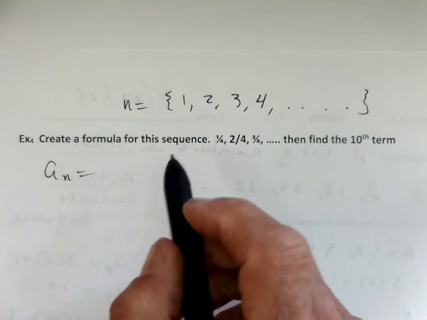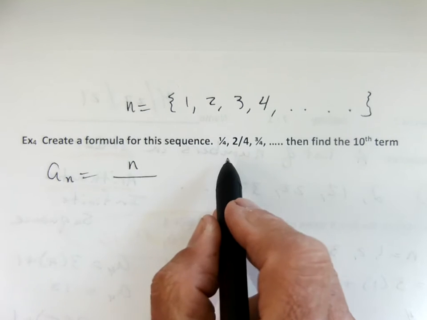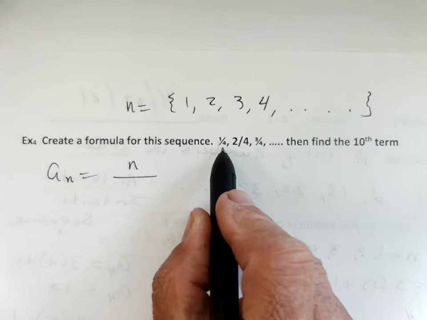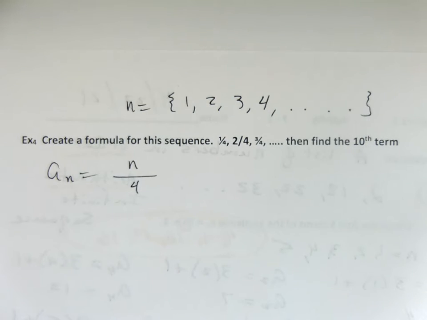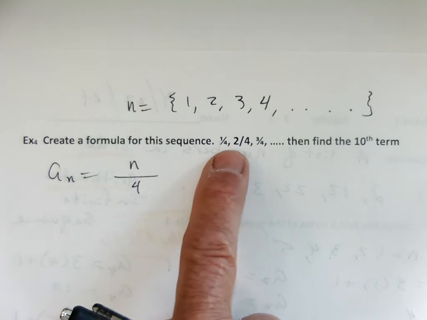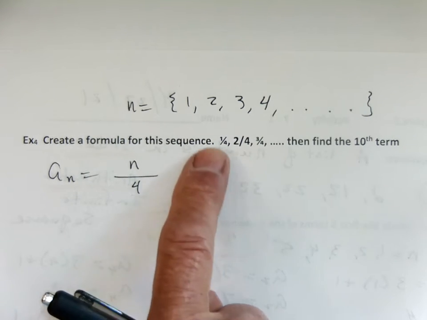So what I have on top is just 1, 2, 3, so I'm going to have n over 4. This formula would make this sequence. Plug in 1, plug in 2, plug in 3, plug in 4, right? It would create this sequence, okay?